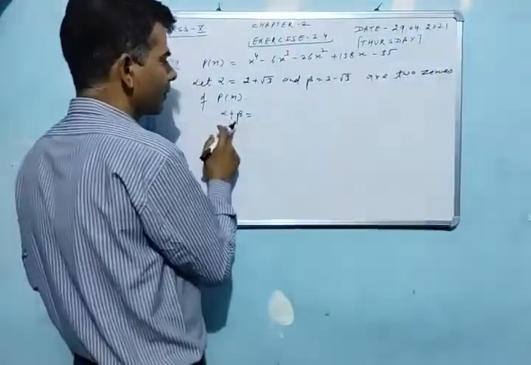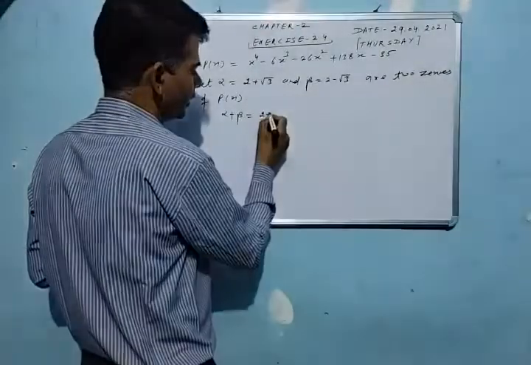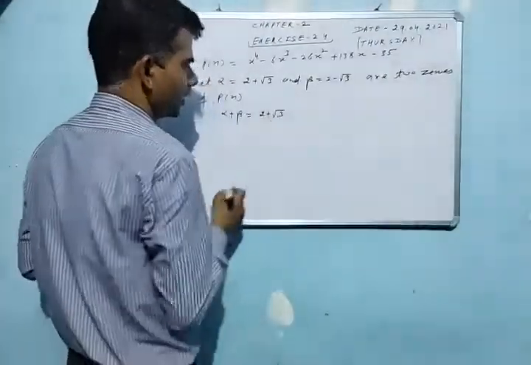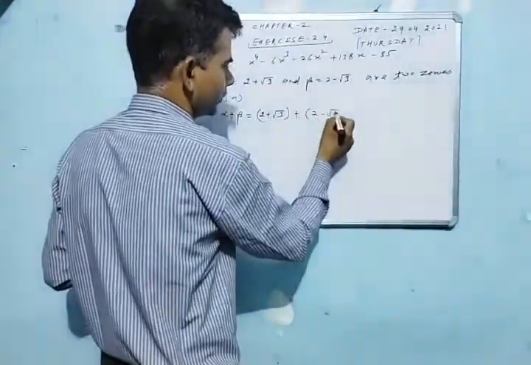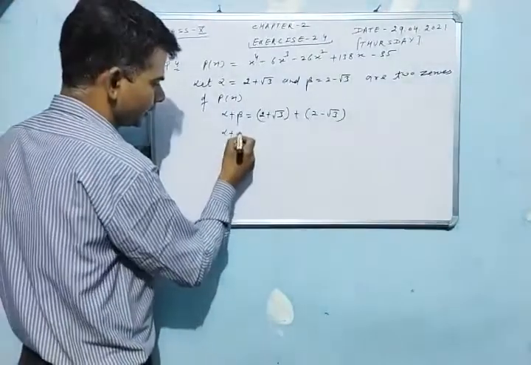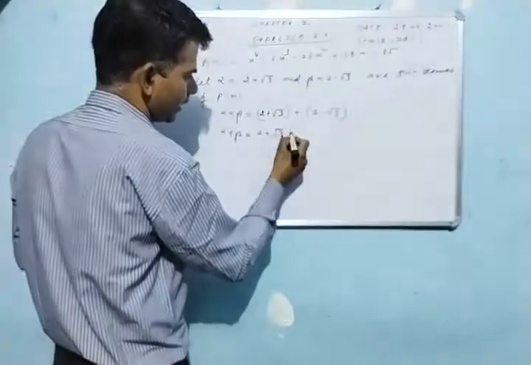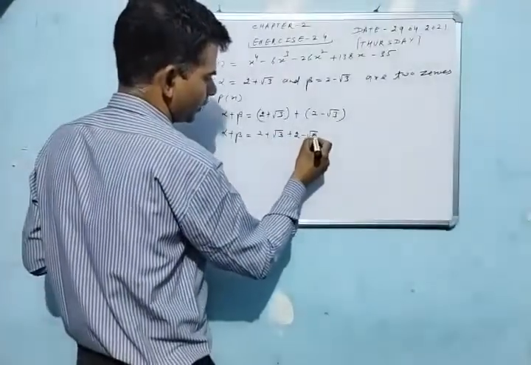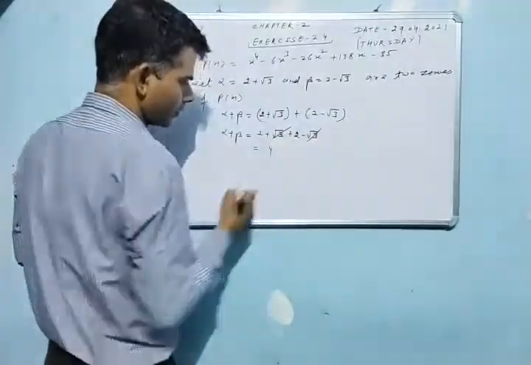Alpha plus beta is 2 plus root 3 plus 2 minus root 3. Now students, root 3 cancels out, and 2 plus 2 is 4.